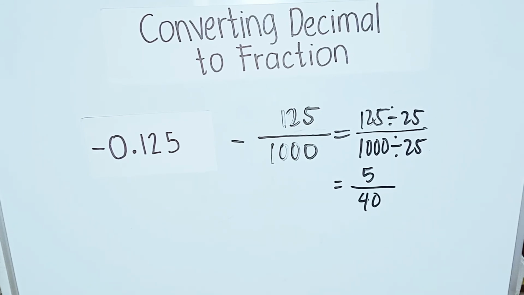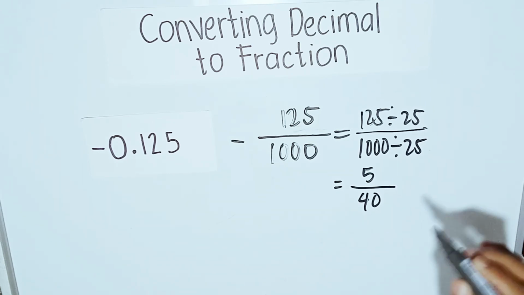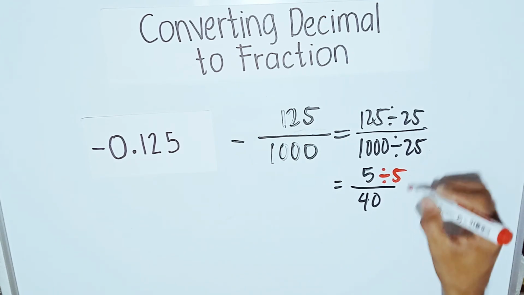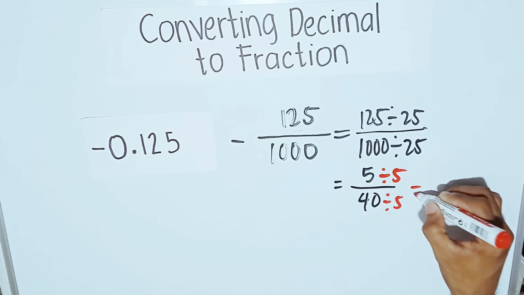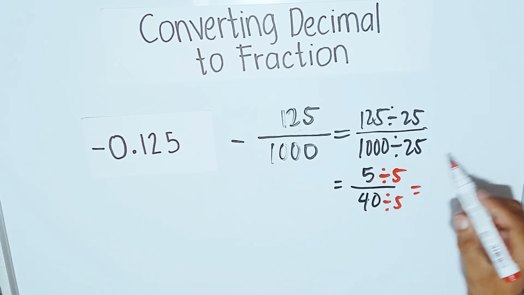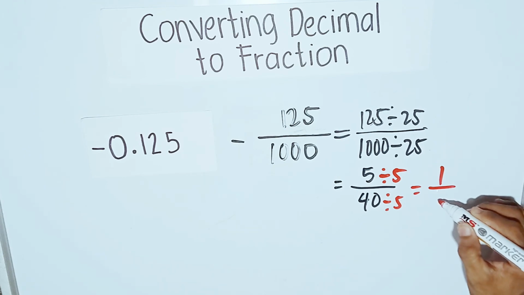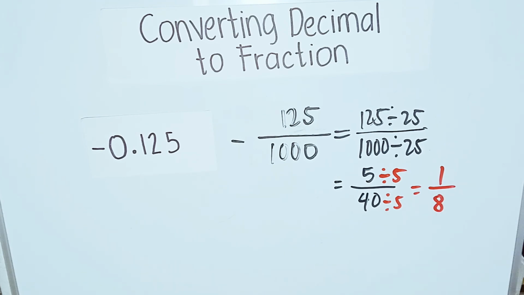At kung napapansin nyo ulit, yung 5 and 40 pwede pa nating i-divide by 5. Okay, divide natin ulit by 5. At ang lowest term natin nito is 5 divided by 5 is 1 over 40 divided by 5 is equals to 8. So therefore, our lowest term or reduced form ng fraction na to is 1 over 8.